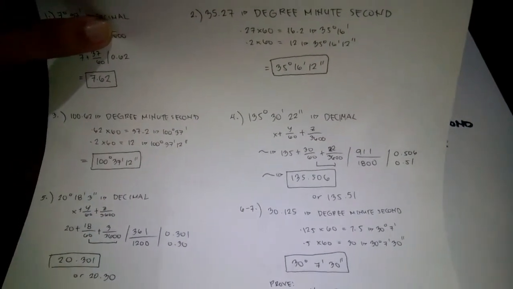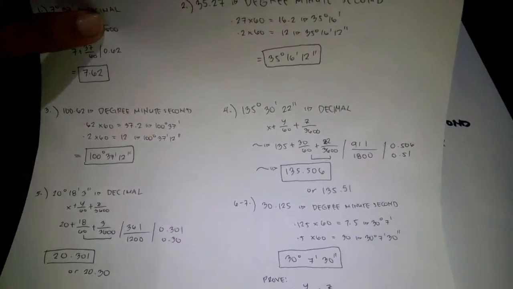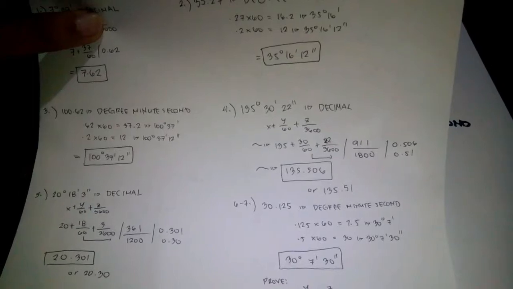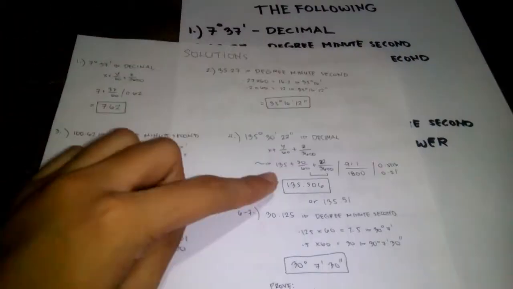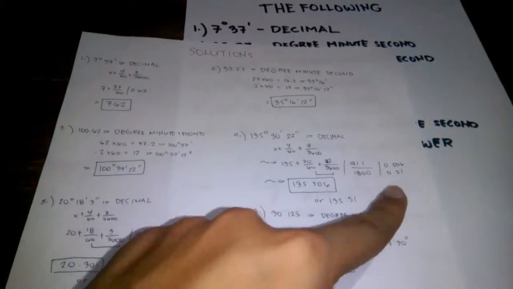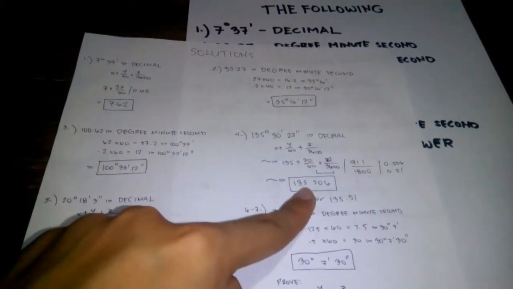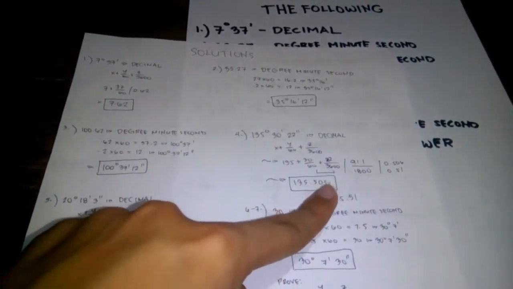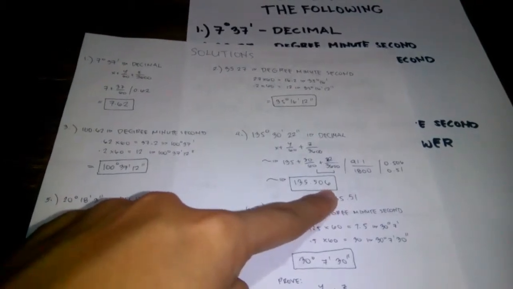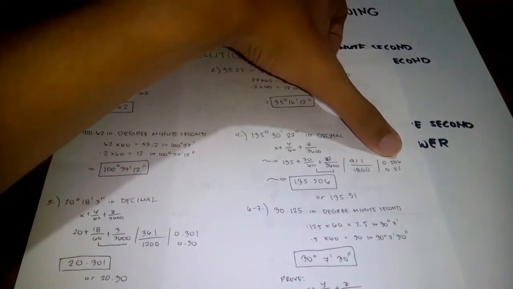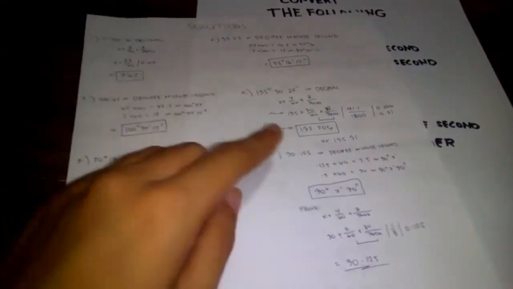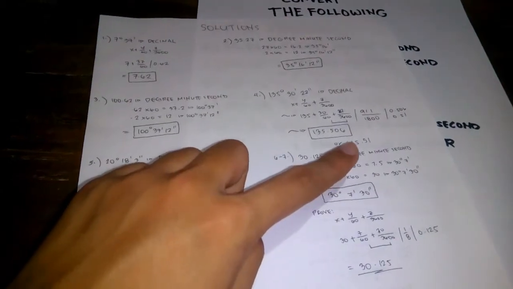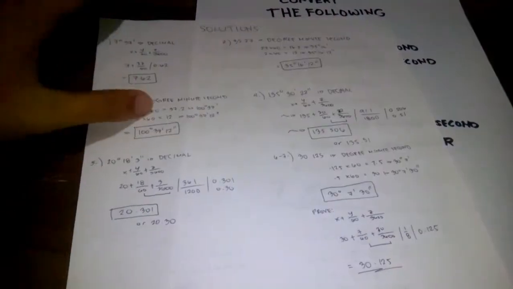We can use 0.506 or round it off to 0.51. Then add the whole number and the decimal: 135.506. In this given, I prefer using the thousandths, but it's okay if your answer is 135.51 hundredths.